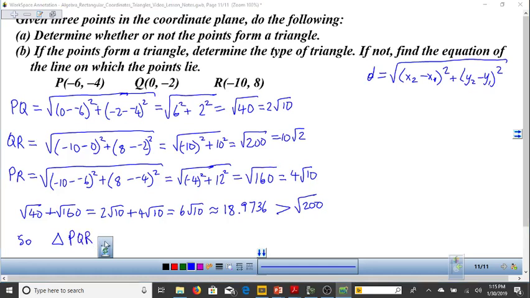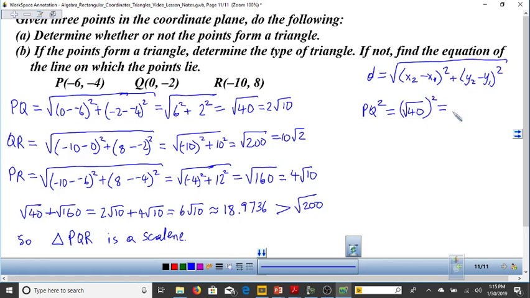If two of the sides were congruent, that would be isosceles. But this is scalene. Now we need to know if it's a right triangle or not. So we're going to do the squares. PQ squared is the square root of 40 squared, and that's just 40. QR squared is the square root of 200 squared, and that's just 200.